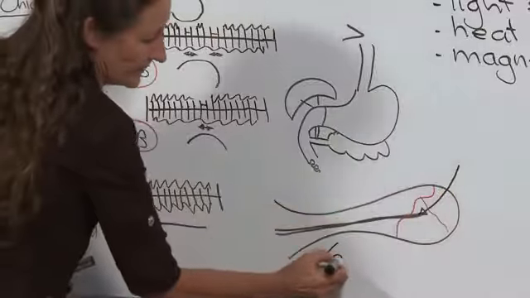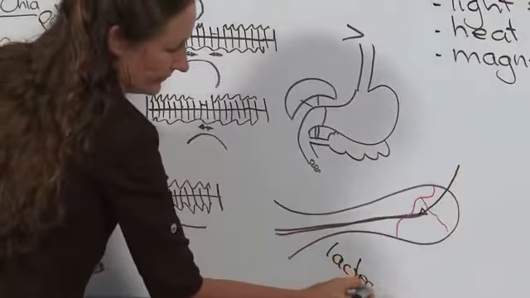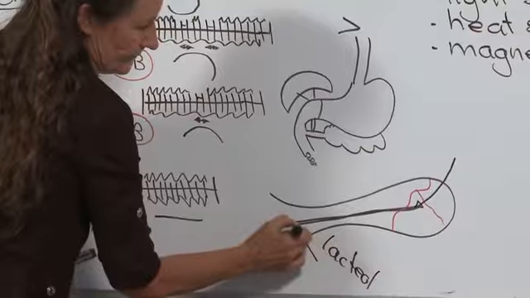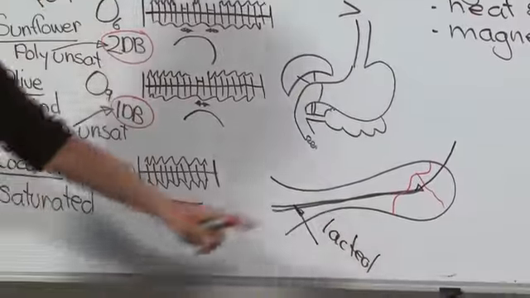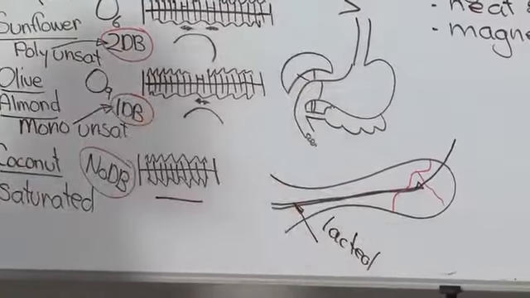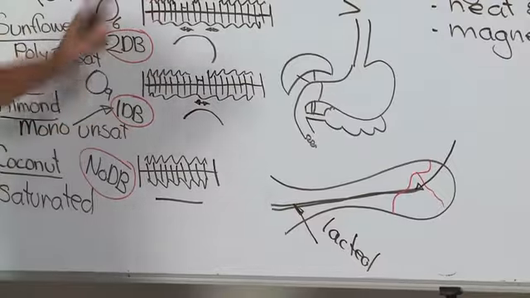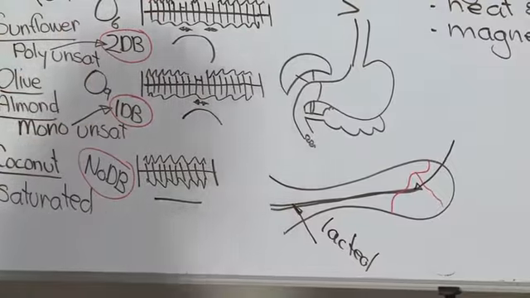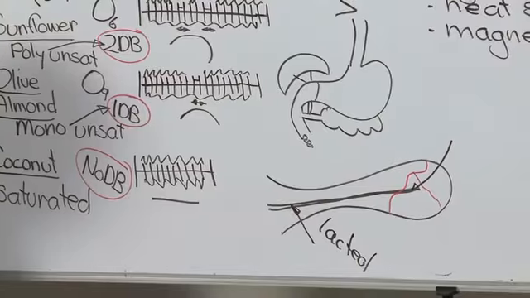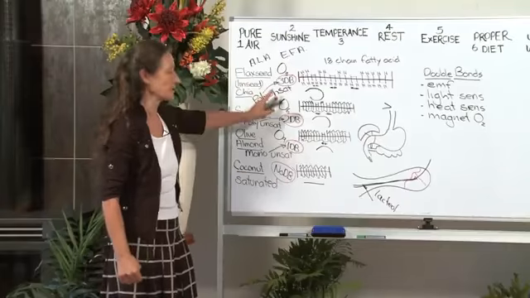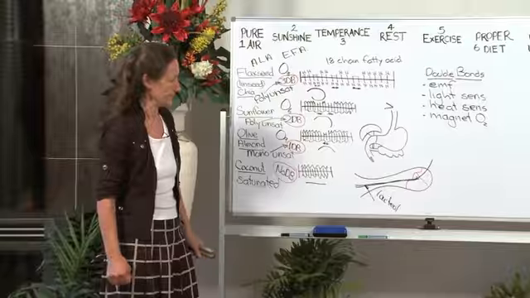So there's your lacteal there. The lymphatic system takes it to the liver. The liver sees these 3 long-chain fatty acids and says, store them, keeping them for cell membrane function and repair.